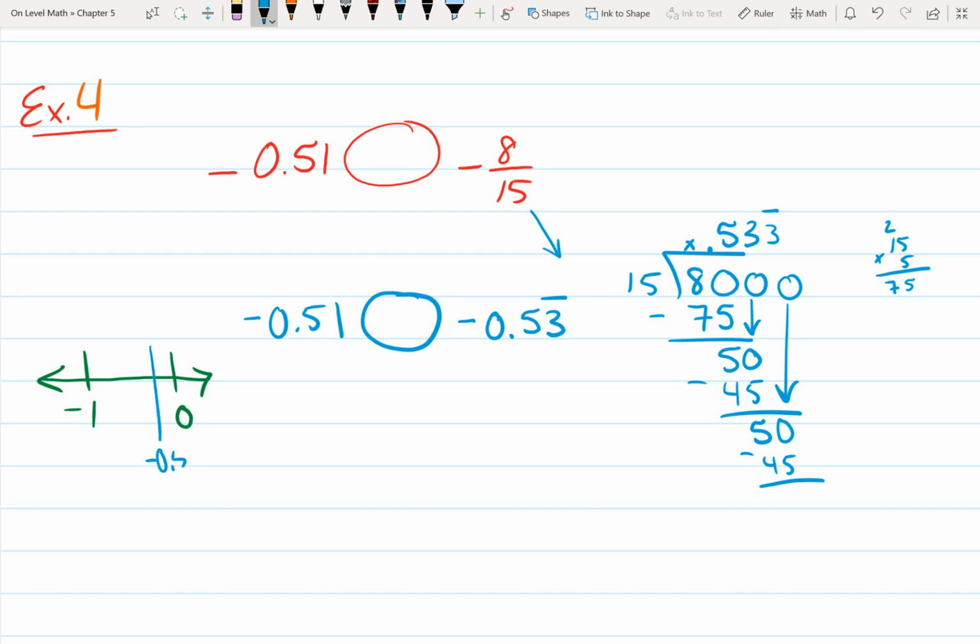So it's negative 0.51. Negative 53 is closer to 1 whole. So negative 0.53. Which number is farthest away from 0? It's the 0.53, which means that has a smaller value. Which means this negative 0.51 is greater than negative 0.53.